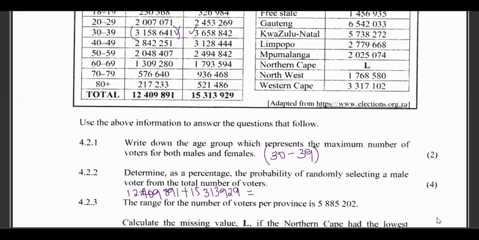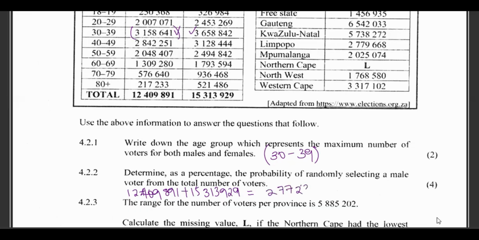We shall add them up. We say plus, so we have this much. This is the total number of voters.